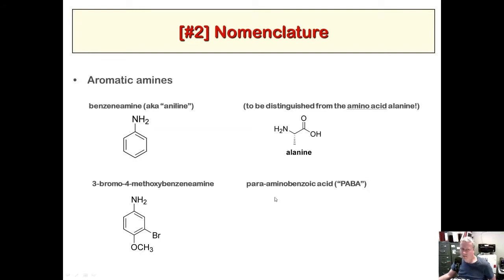Another one, para-aminobenzoic acid. Para-aminobenzoic acid is benzoic acid with an amine para. It's pretty straightforward. This happens to absorb ultraviolet light very intensely, and when molecules absorb ultraviolet light, what do you think they might be used for in skincare?